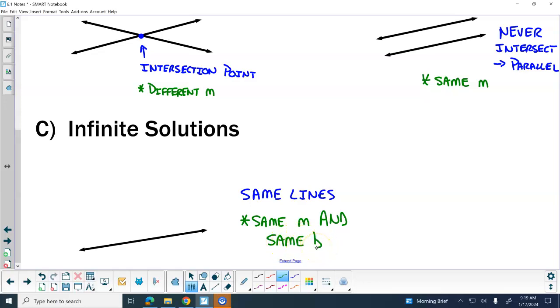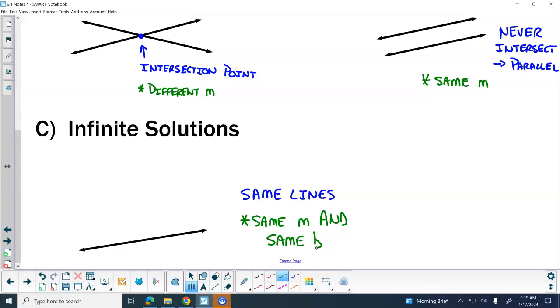So those would have the same m and the same b. If the two lines intersect, the coordinates of that intersection point are your solution.